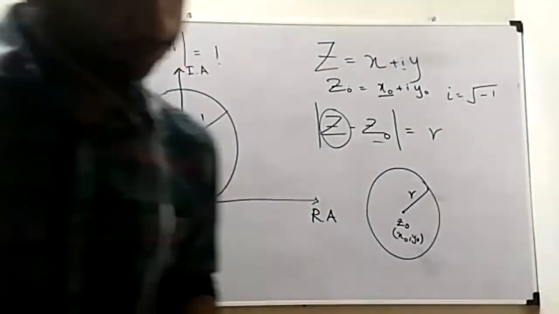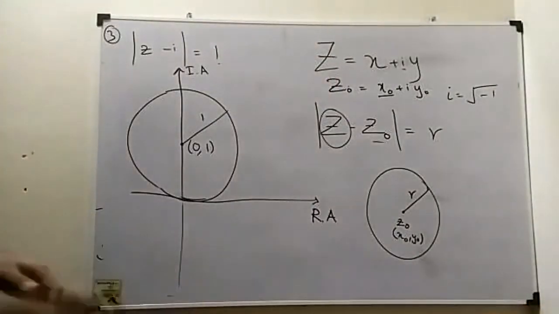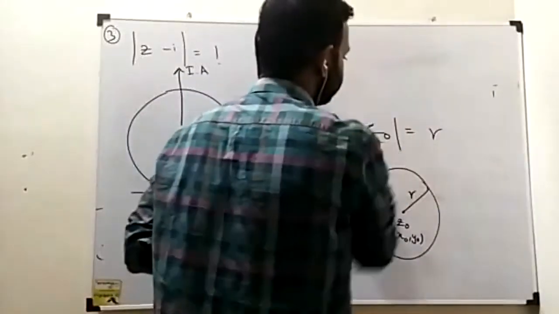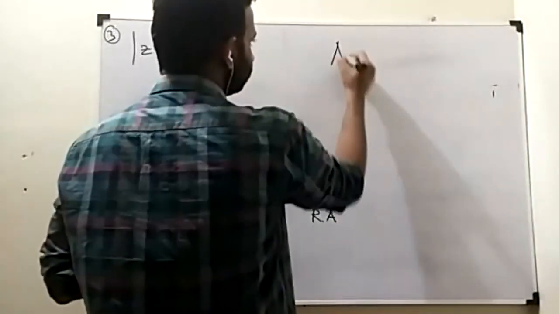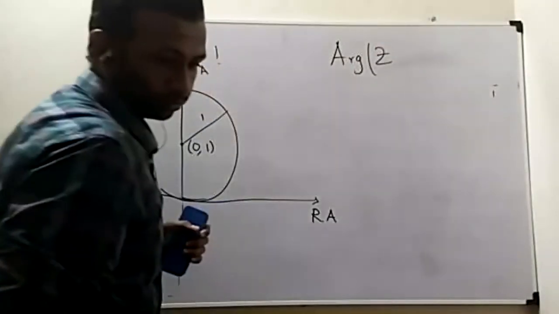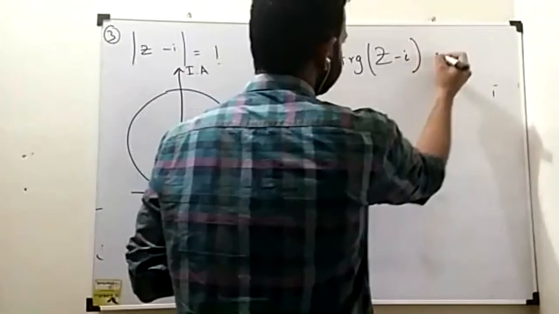Argument of z minus, I'll erase this part. Argument of z minus i is equal to pi by 6.